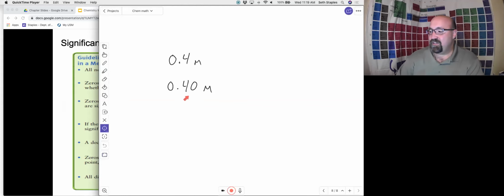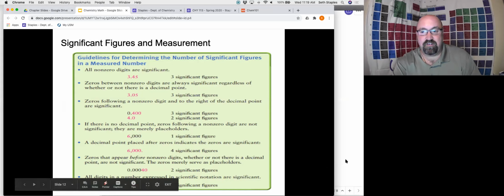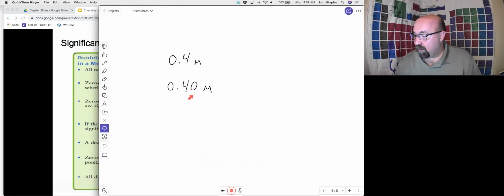This is a measuring device that is much more accurate, and we're able to pull that out to the 100th spot, as opposed to this measuring device, which doesn't have that same level of accuracy. And so this 0 is significant. There's a couple ways to think of it. One of those ways is just by using the rules that we're looking at here. In this case, we have a 0 following a non-zero digit after the decimal point. So that means it's significant.